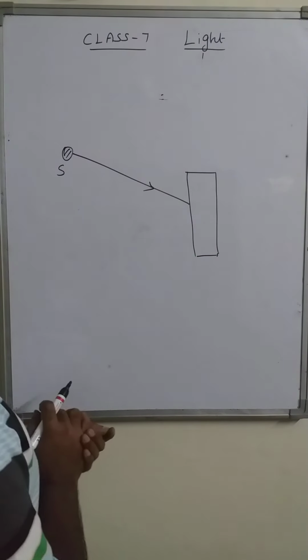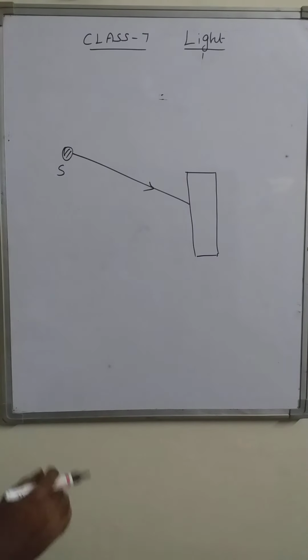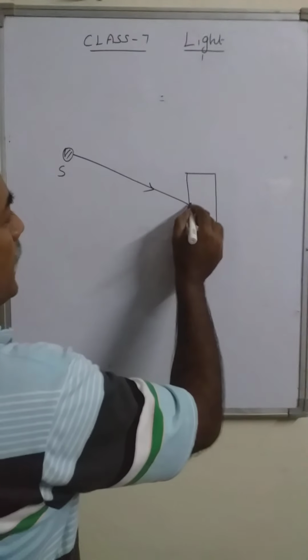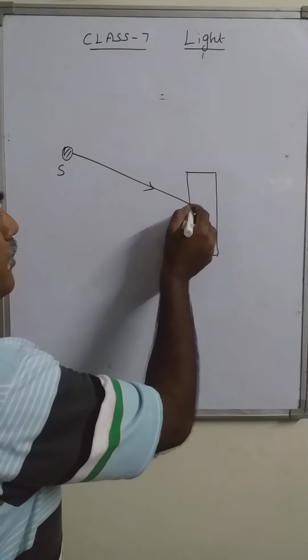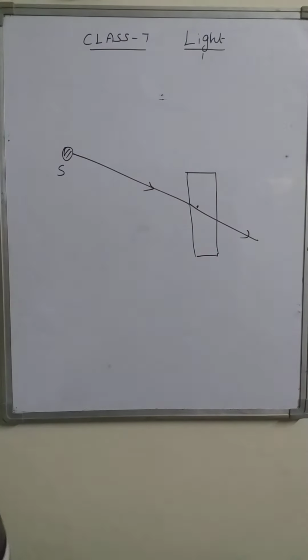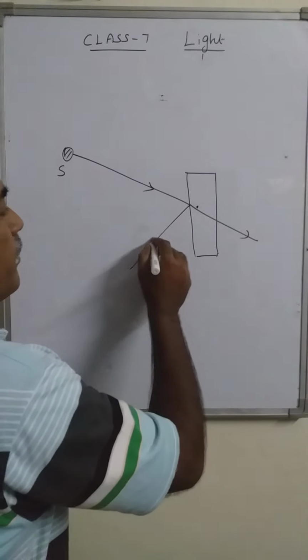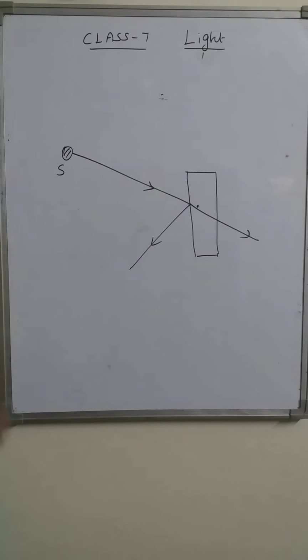After striking the surface, three phenomena take place. Part of the light may be absorbed by the surface, part may be transmitted through the surface, and part may be reflected, sent back into the same side. That we call reflection.